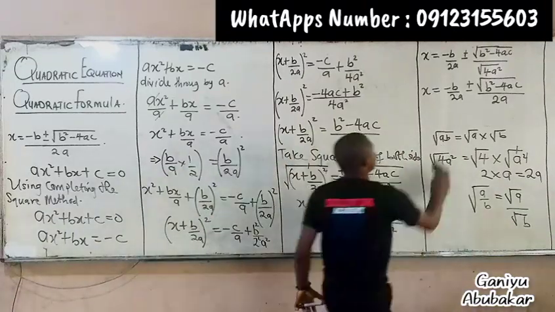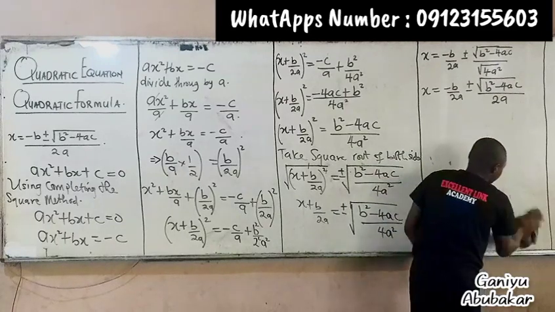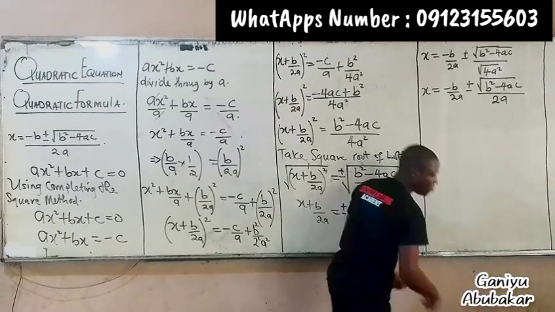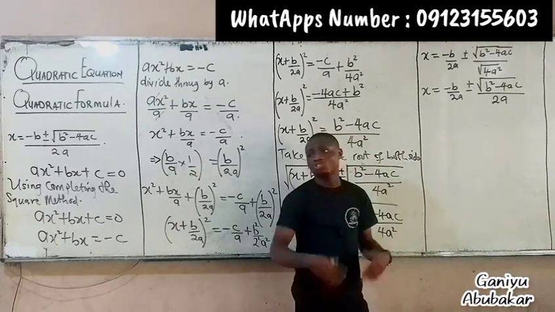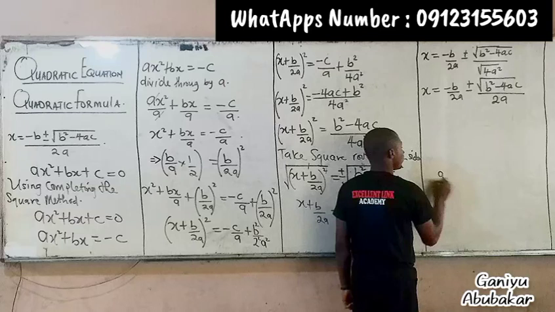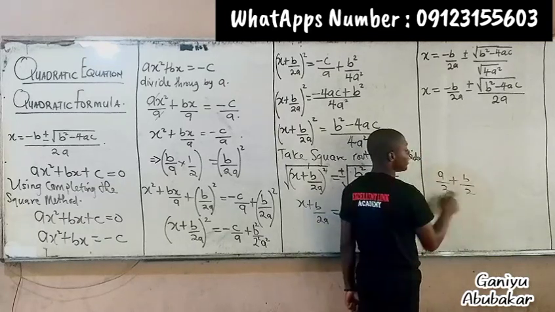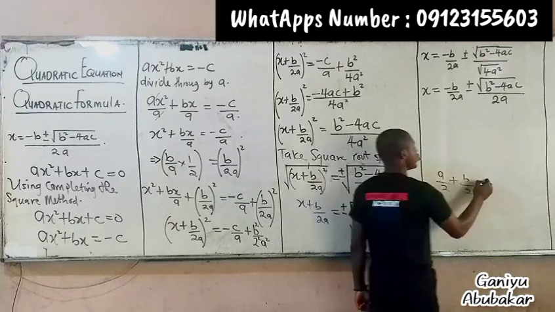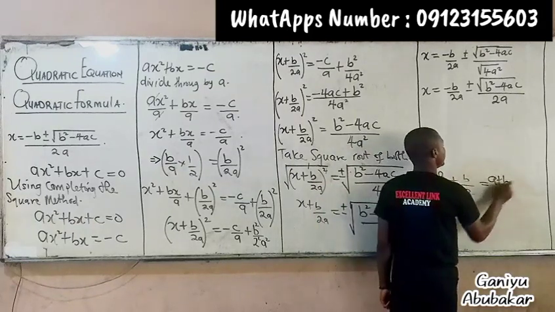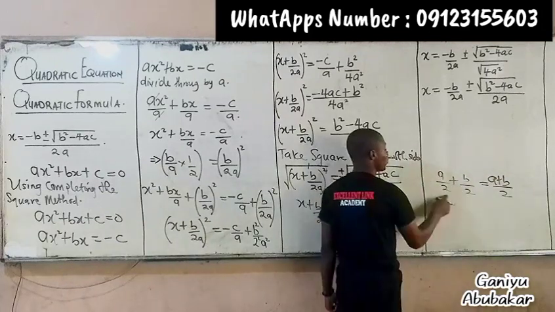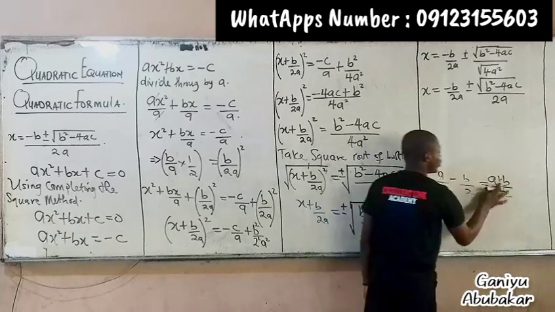In mathematics, from the rule of fractions, if I have the same denominator, no stress. Let's say I have a over 2 plus b over 2. Since they have the same denominator, just add the numerators. That becomes a plus b over 2. Take out one of it outside. If it's negative, the same concept, change the sign, minus.